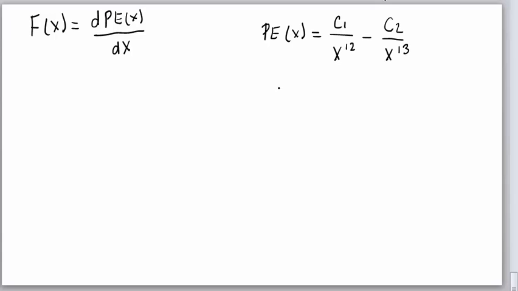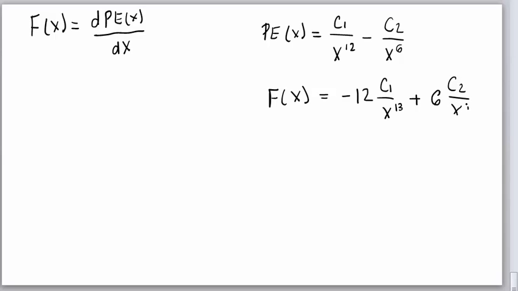If we then take the derivative and find f of x, we see that that's going to be equal to minus 12 C1 over x to the 13th plus 6 C2 over x to the 7th power.